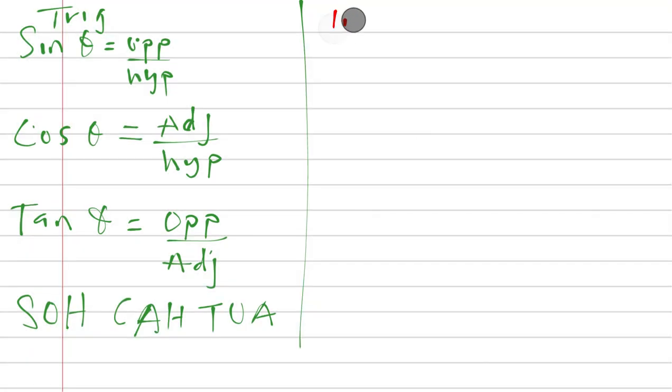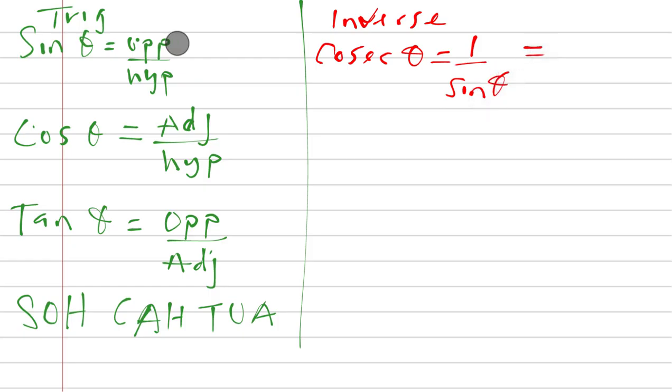So the first one there is cosec theta, and we say cosec theta is 1 over sine theta. So if it is 1 over sine theta, it means opposite will come down, hypotenuse will go up. That's hypotenuse over opposite. Are you seeing that now?